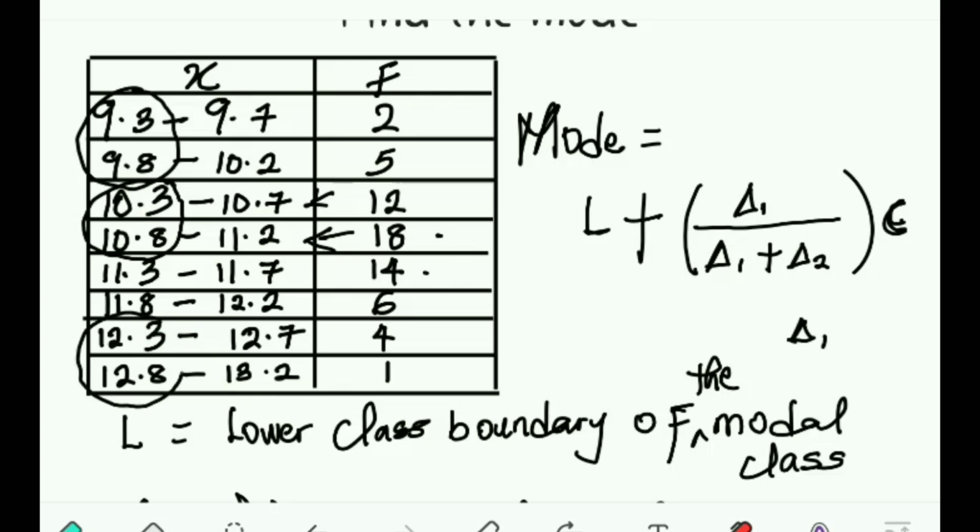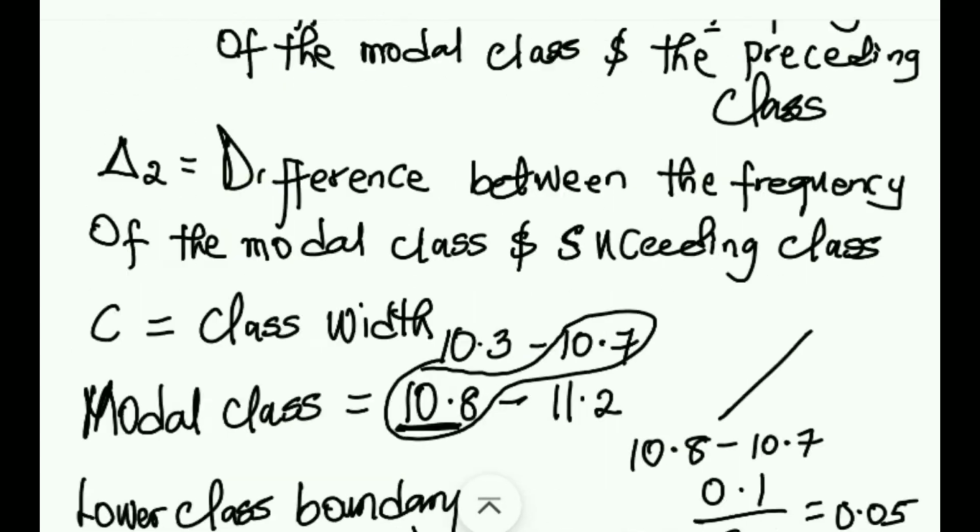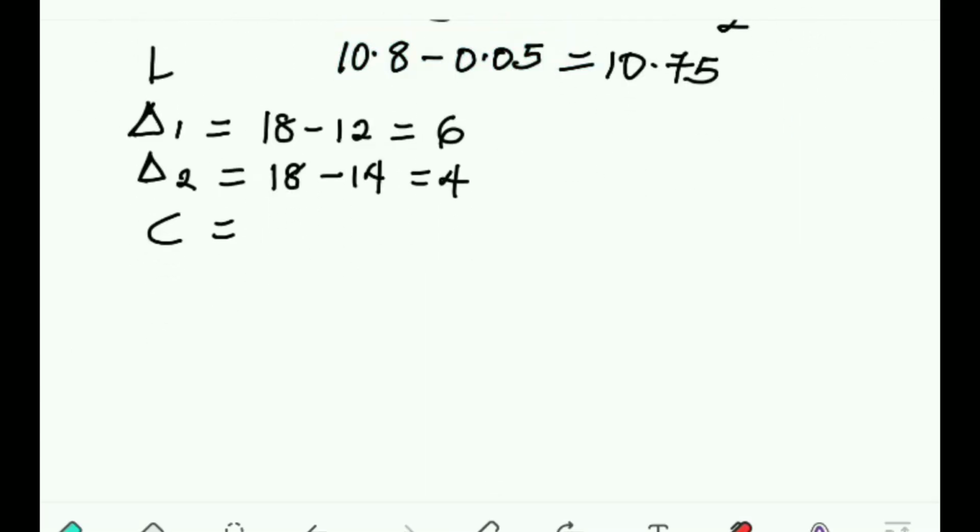Or you just go this way, 12.8 minus 12.3. You're going to get the class width here. So my class width is 10.8 minus 10.3.